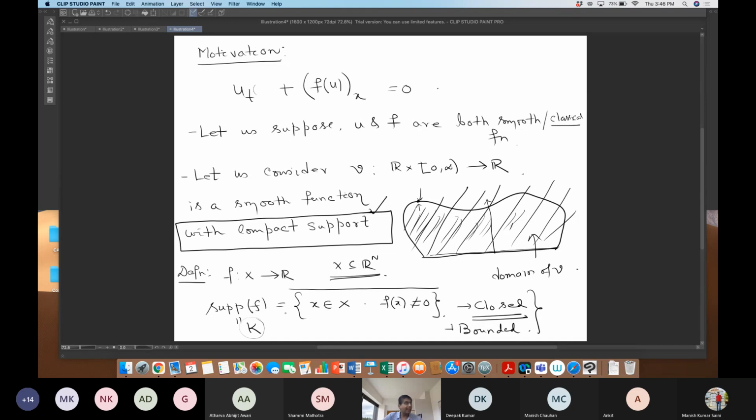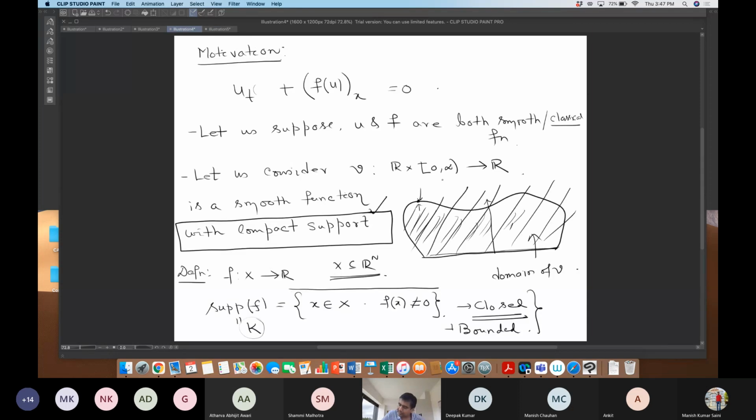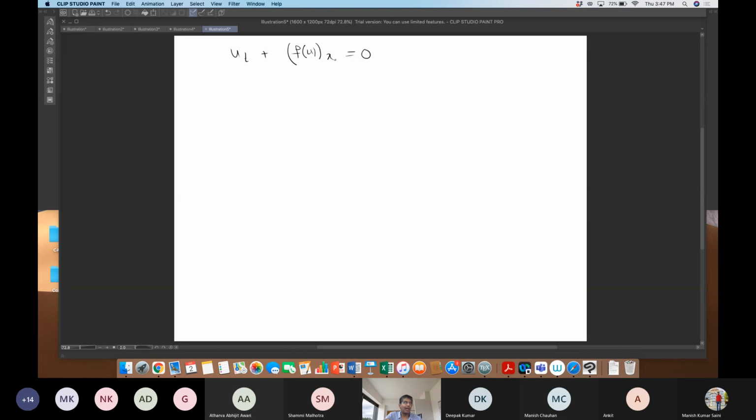So I take any compact set in this domain, R cross (0, infinity), with a smooth function which has compact support. Now what is your equation? u_t plus f(u)_x equal to 0. You multiply this equation with v(x,t), that function, and integrate.